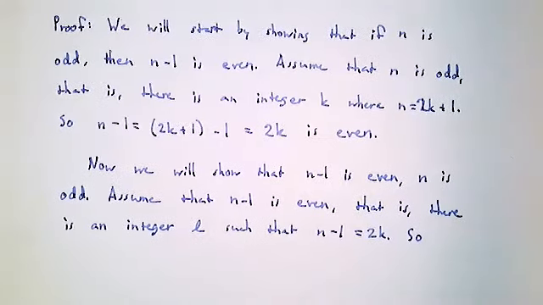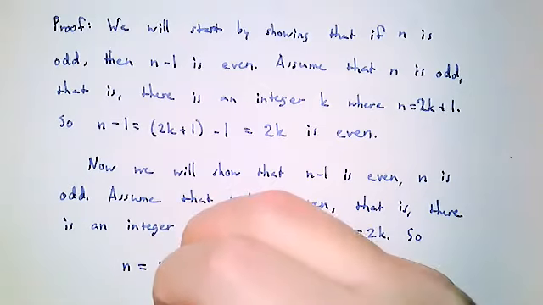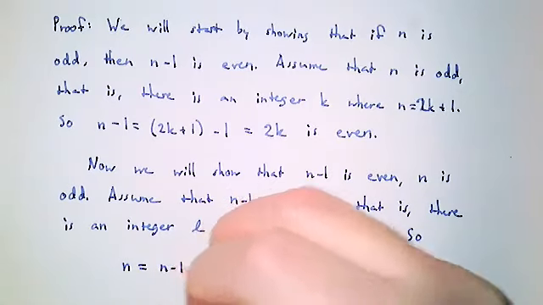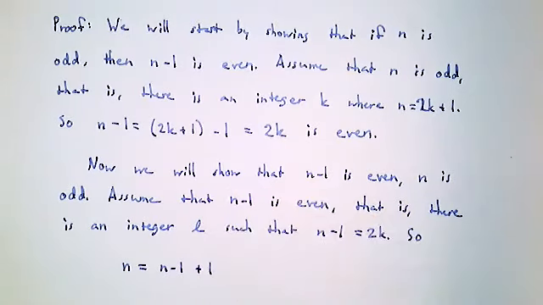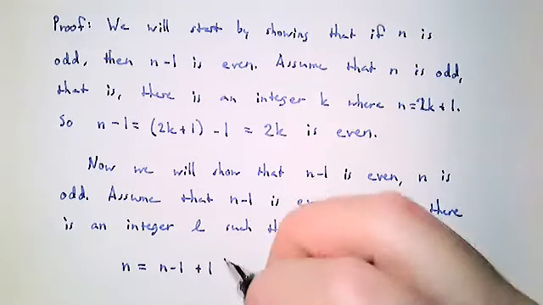So if n minus 1 is equal to 2L, then we can add 1 to this to get n. So n is equal to n minus 1 plus 1. But we can substitute in 2L for the n minus 1 part.